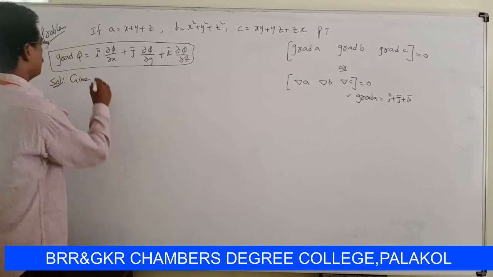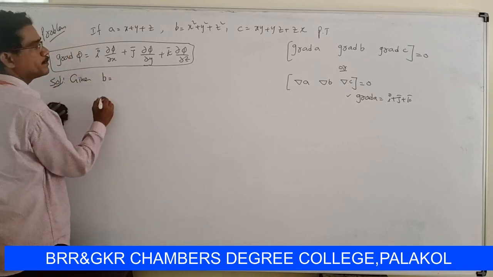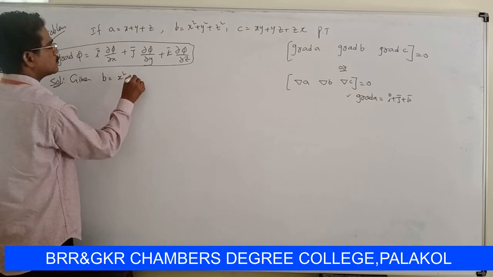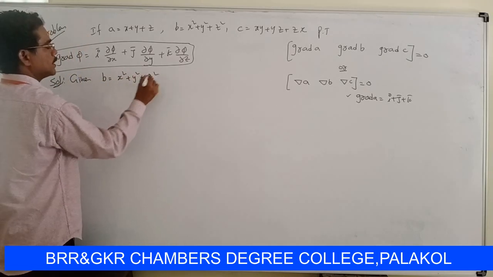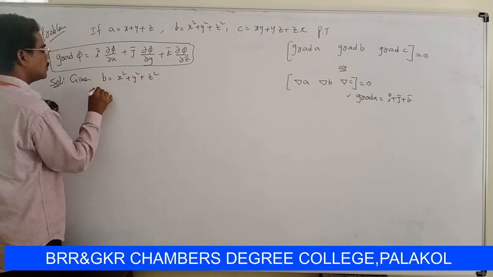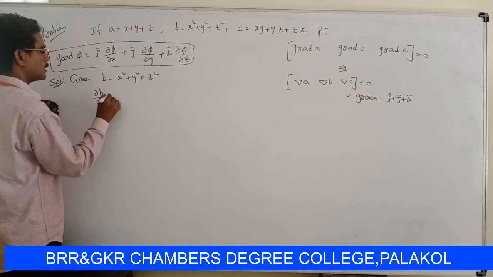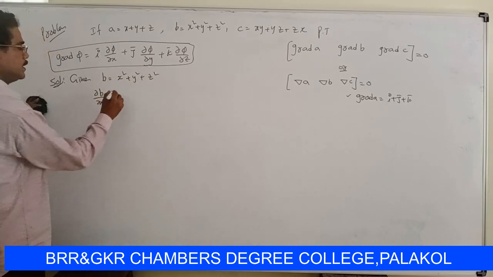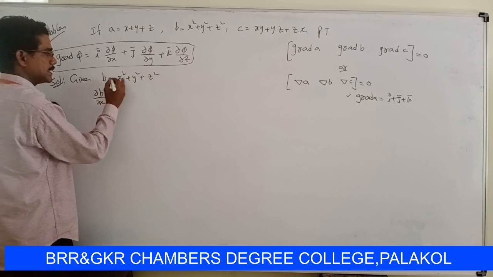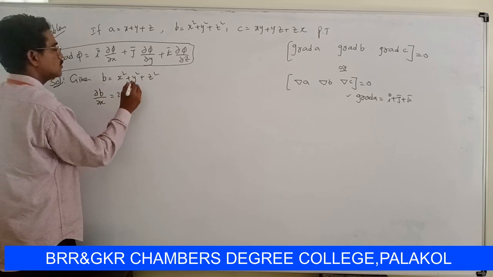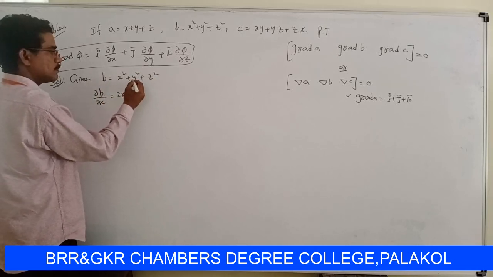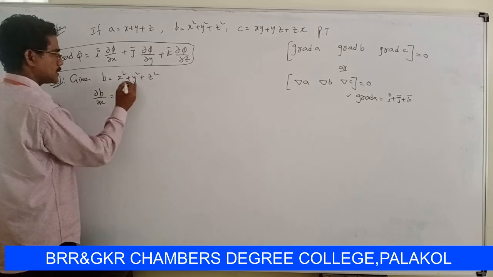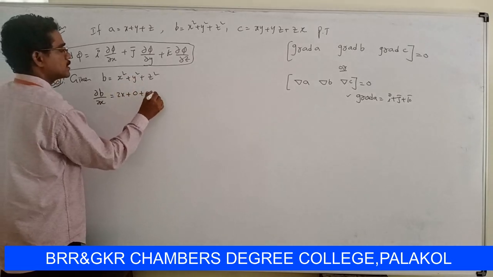Now coming to vector b, means x square plus y square plus z square. Now first of all dou b by dou x. Dou b by dou x means with respect to x, x square means 2x. y square, with respect to x, is constant, z square is constant.